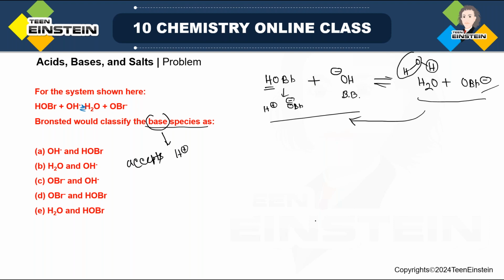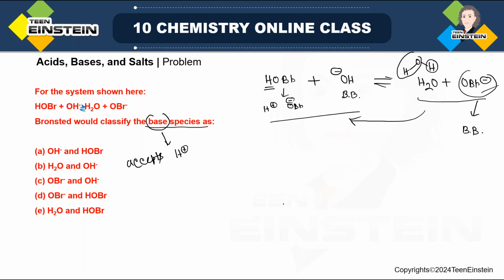So as there is equilibrium, you have to consider first the forward direction, as if HOBr and HO minus are your reactants and your products are H2O and OBr minus. Similarly, you also have to consider the backward direction, where OBr minus is capturing proton from water. That means this species is also capturing H plus. So I can call it Bronsted base.